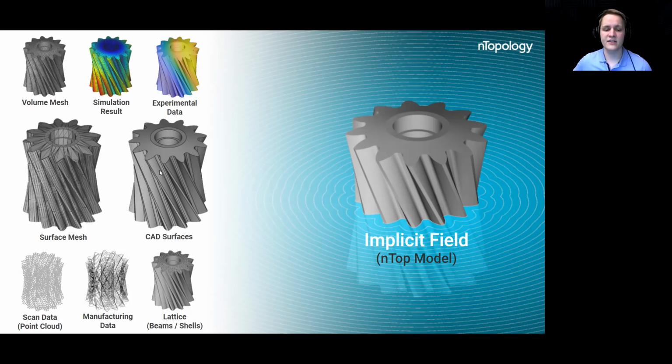And you'll see these CAD surfaces here, you still have those faces, edges, and points that are indicative of a boundary representation. But an nTop model, which is an implicit model over here on my right, you can see that it's the exact same geometry, but you don't have any faces, edges, or points. That's because it's not a boundary representation, it's actually a volumetric representation. And that is what lets us do these incredibly complex things very easily and very quickly.